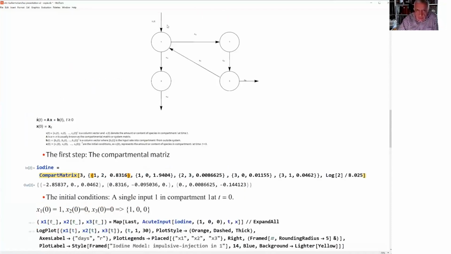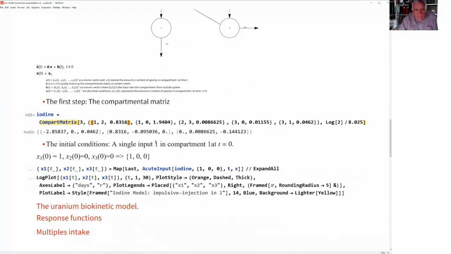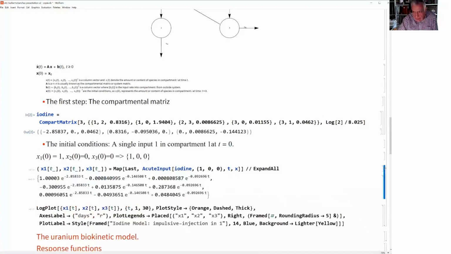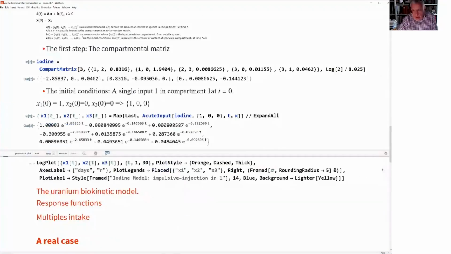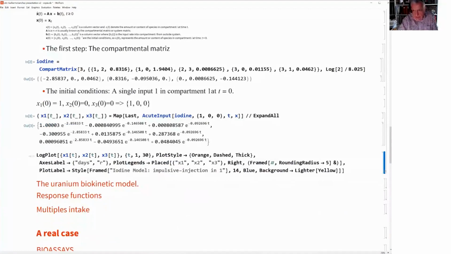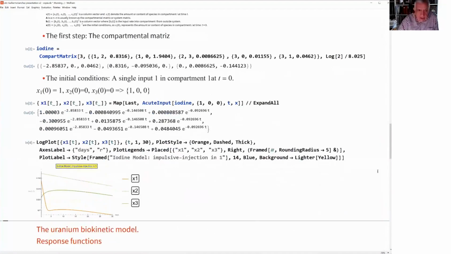In this case, we will suppose a single intake of 1 in compartment 1 at t equals 0. Finally, this is the initial condition. Now we have the solution. This is the function that represents the quantity of iodine in the different compartments as a function of time. We can represent graphically the evolution of the iodine in the different compartments.